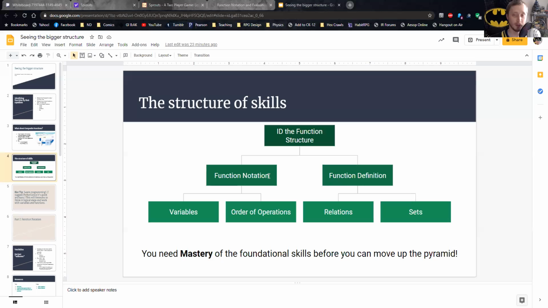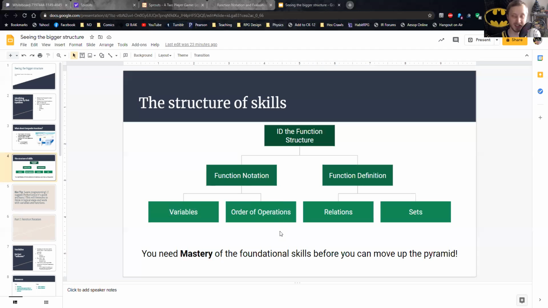All right. So not only the notation, but also understanding what the definition of a function is. Okay. And each of those understandings, those skills come from further breakdowns, right? You can't work with function notation until you really master variables. And the order of operations also plays a big role in how function notation works and how it doesn't, right?